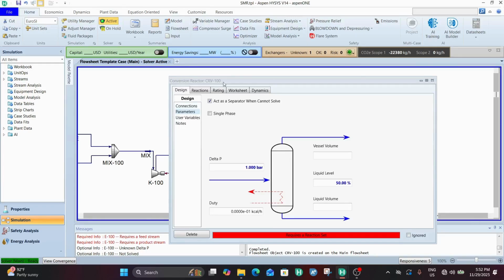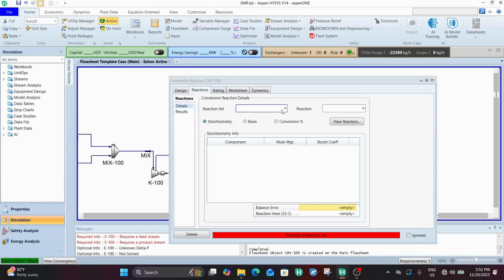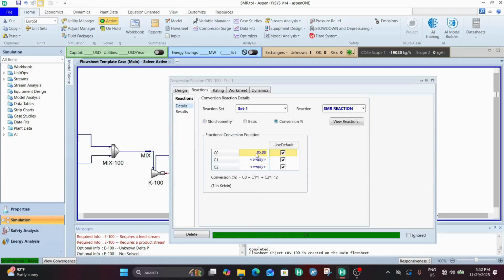And then we head on to the reactions tab. We select our reaction sets that we created earlier, and it pops up our SMR reaction. You can see the components specified together with the stoichiometric coefficients specified for the conversion. It's 85% specified.